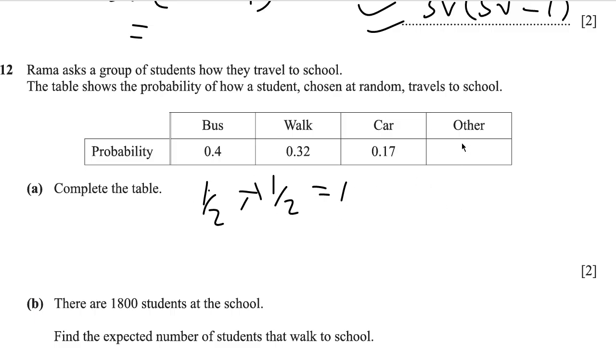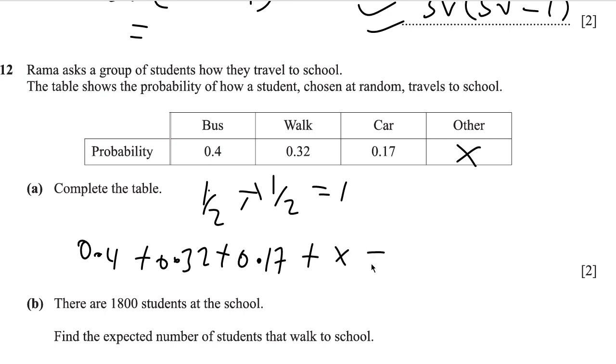So what are you simply going to have? Let's say that this is x. So it's going to be 0.4 plus 0.32 plus 0.17 plus x is equal to 1. If we add the first three values, 0.4 plus 0.32 plus 0.17, we have 0.89.